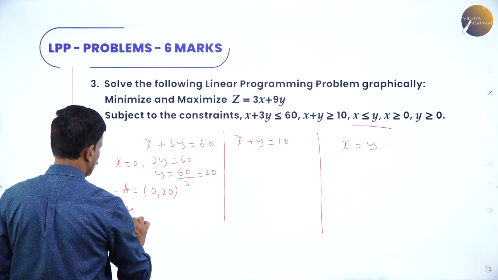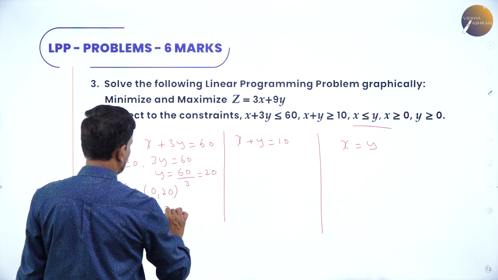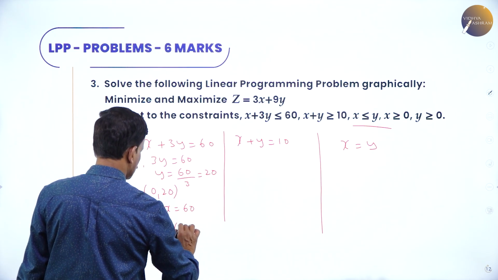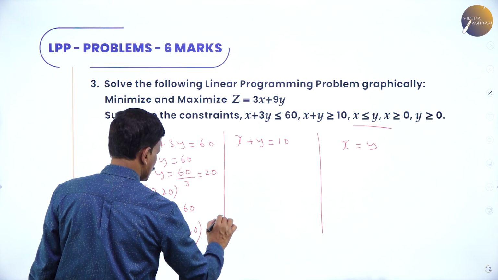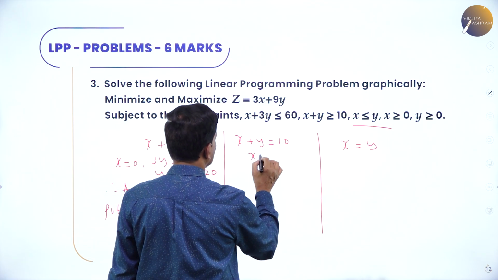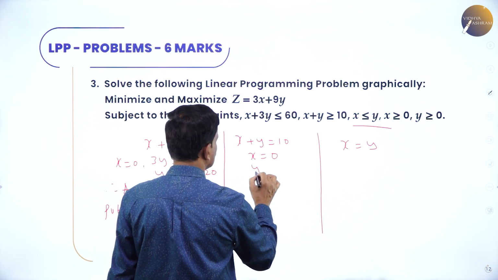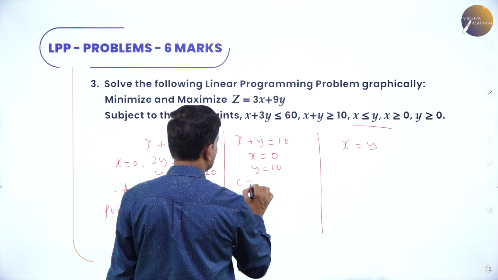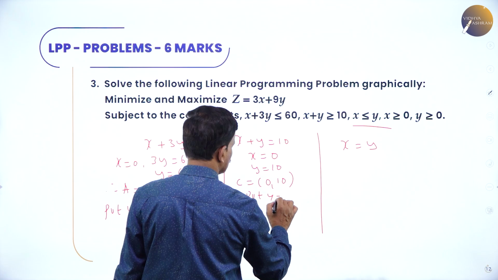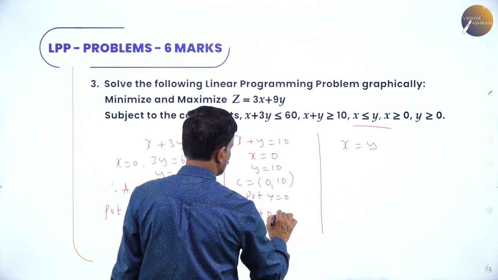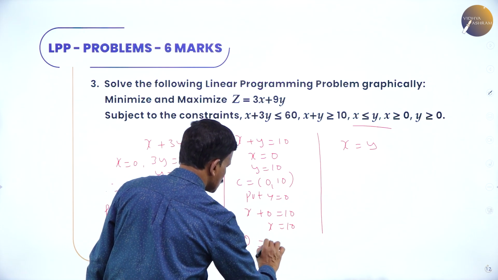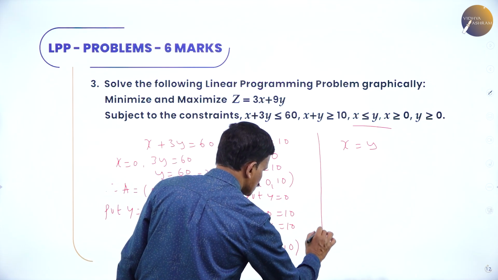Now put y is equal to 0, then x is equal to 60, so the point B is 60, 0. Now move on to the next line. x plus y is equal to 10. Put x is equal to 0, y is equal to 10, therefore 0, 10. Put y is equal to 0, x is equal to 10, therefore the point D is 10, 0.